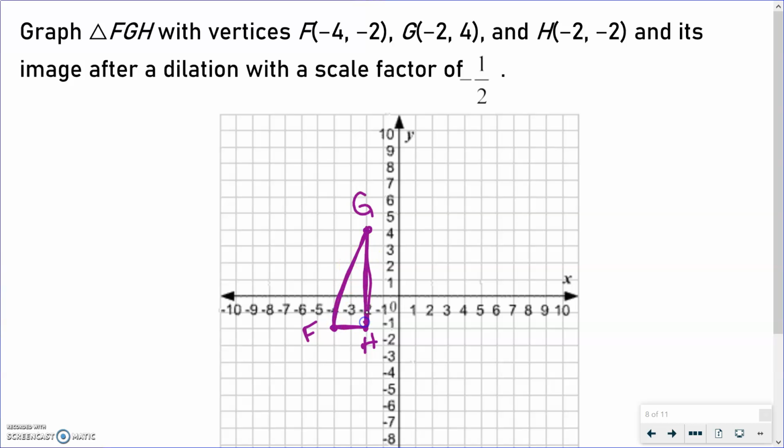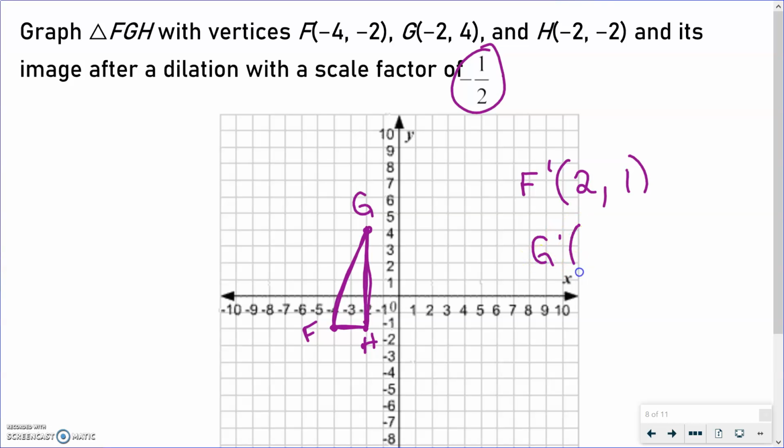If we multiply by a negative, which I also made an error on in the notes this time, we still do the same thing. So we're multiplying all the numbers in the points by -1/2. So F prime would become 2 and 1, because -1/2 times -4 gives us 2, and -1/2 times -2 gives us 1.